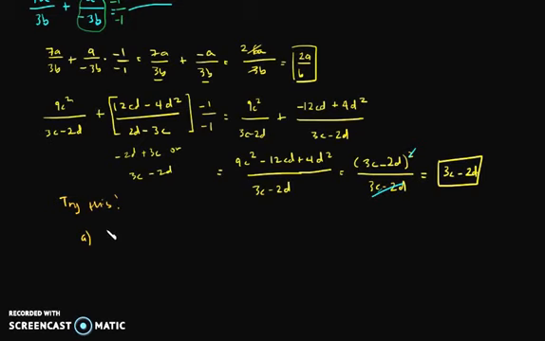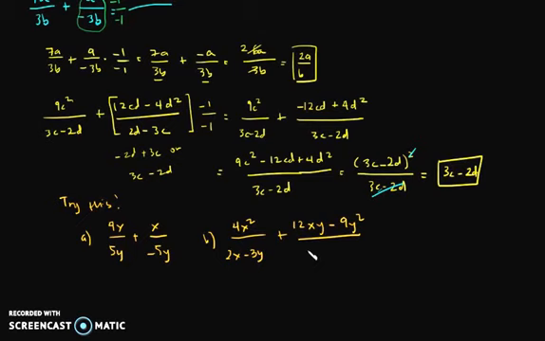For letter A, you have 4x over 5y plus x over negative 5y. Then for letter B, you have 4x squared over 2x minus 3y plus 12xy minus 9y squared over 3y minus 2x.